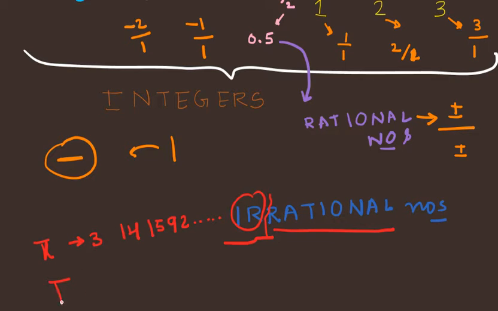The other examples are square root of 2 and square root of 3, the square root of 19. All these are irrational numbers which cannot be expressed in the form of a fraction.